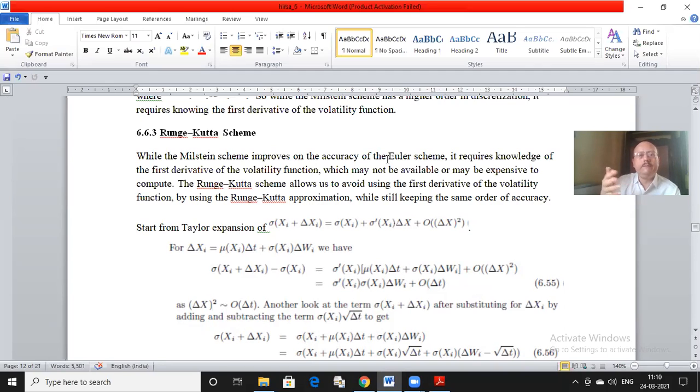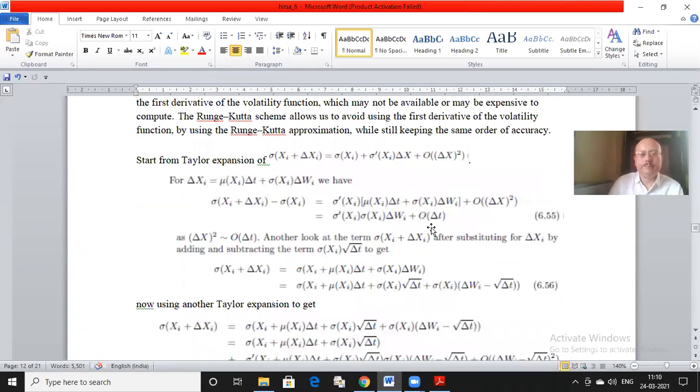Derivatives are typically expensive computation. So what does this scheme do for us? The Runge-Kutta scheme allows us to avoid using the first derivative of the volatility function by using a nice approximation, so that I can still keep the same order of accuracy. But because I am using an approximation, I don't need to get into evaluation of the derivative.